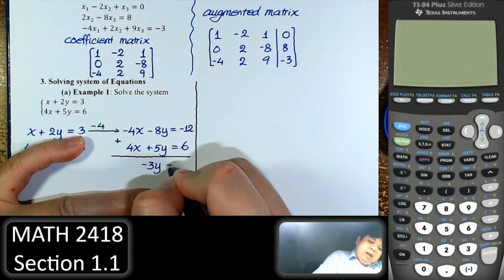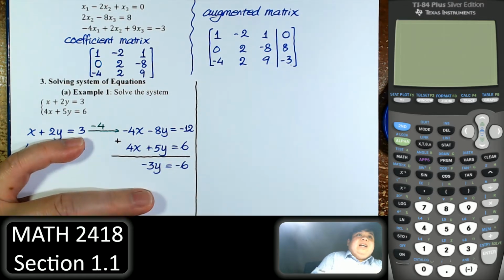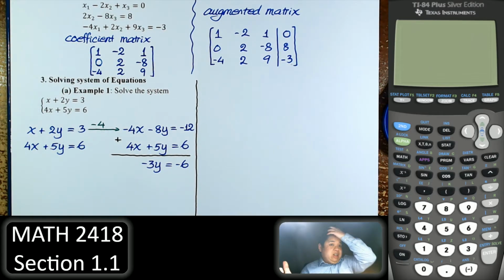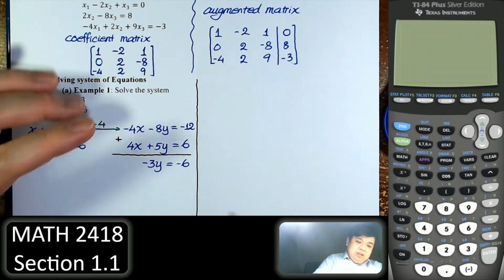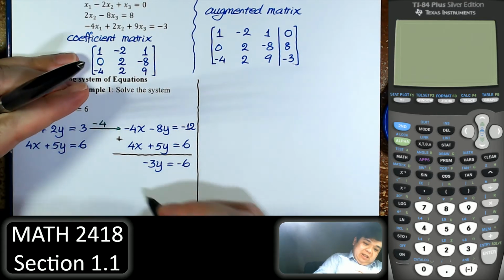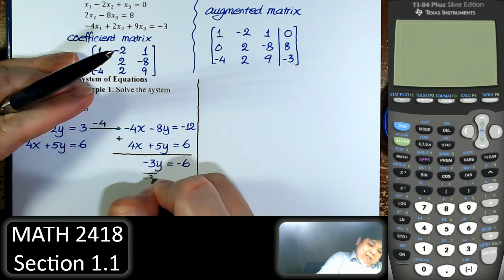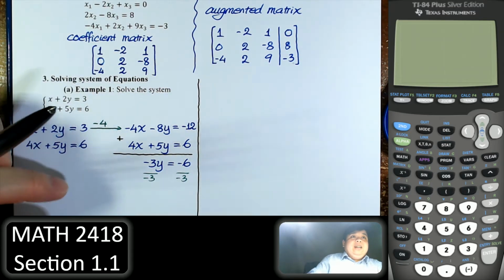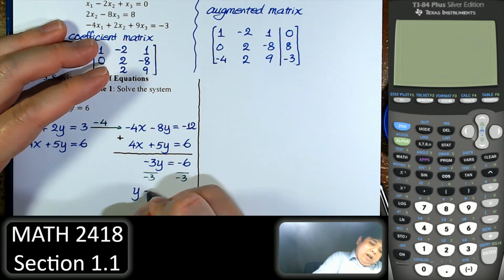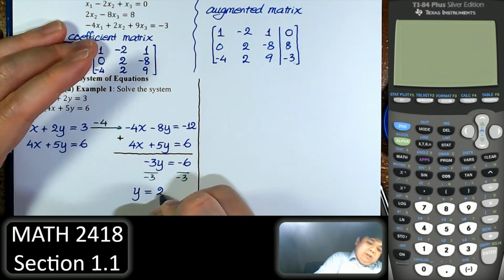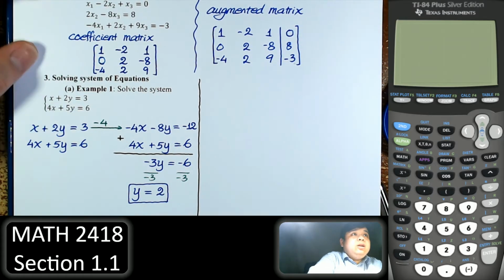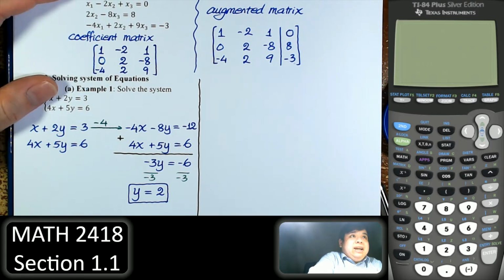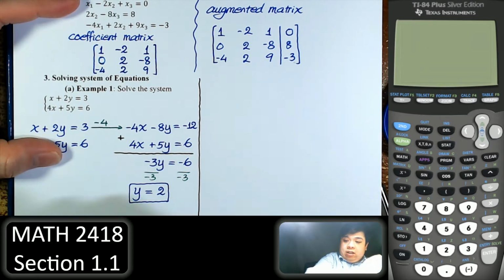-3y equal to -6. Now we just have one equation, one variable. It's very easy to solve for, right? Divide by -3 on both sides. We have y equal to 2. And then we just substitute back into one of these equations and we solve for x.